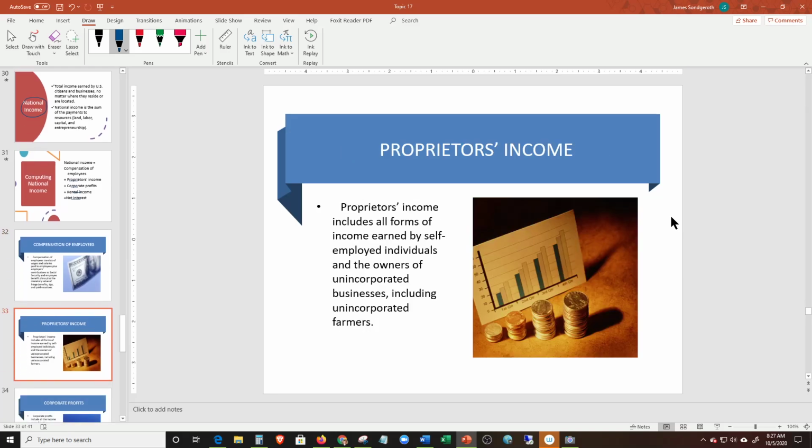Proprietors' income includes all forms of income earned by self-employed individuals and owners of unincorporated businesses, including unincorporated farmers. And I put unincorporated because where I grew up, most farms, by the time I graduated from high school, were incorporated because it reduced their liabilities.